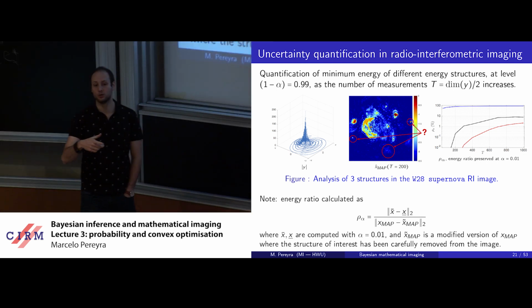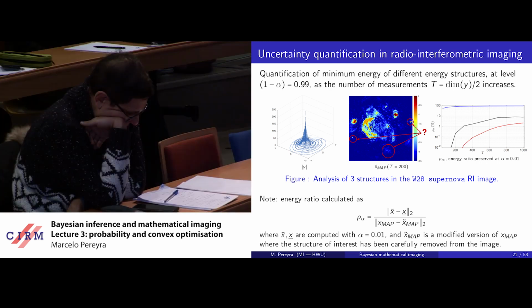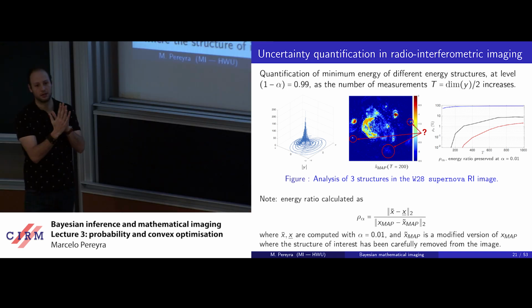And you definitely do improve the conditioning number because the more measurements you make, your operator is rank deficient, and by increasing the number of measurements, you are increasing the rank. So you are improving the conditioning number of the whole posterior. Conditioning number is not properly defined because the posterior is strictly convex and not strongly convex in the directions that you don't observe. But you're definitely making the problem better posed by increasing the number of measurements. You are not necessarily concentrating the likelihood.